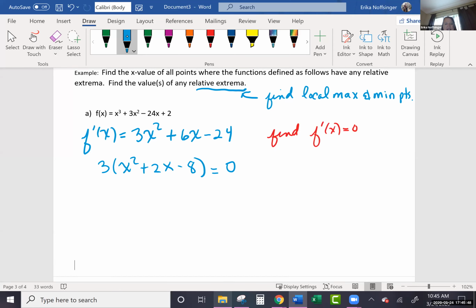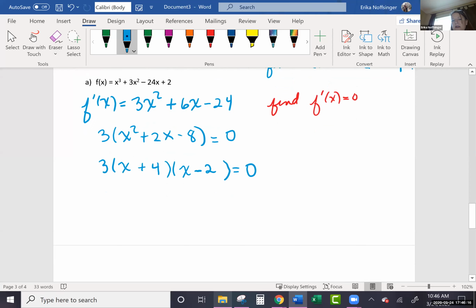Can I find two numbers that multiply to negative 8 and add to 2? If so, I'm going to factor it. If not, I would use my quadratic formula. There are two numbers that multiply to negative 8 and add to 2, and that would be positive 4 and negative 2. So x plus 4 is one factor and x minus 2 is another factor.